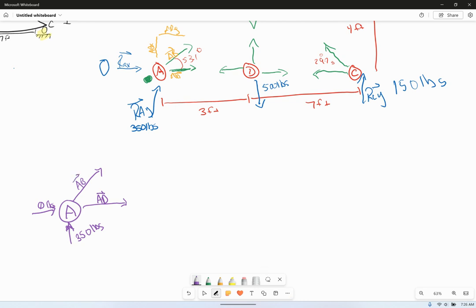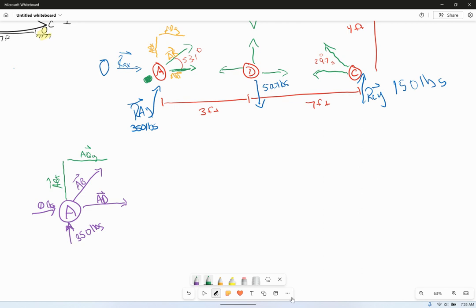And in order to find that AB, I'm going to put this in a different color just so you can see what we have to find. I have to find this, which is going to be our ABX vector, and our ABY vector. So those are the things that I need to find.